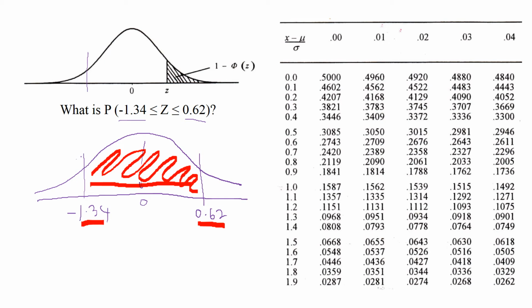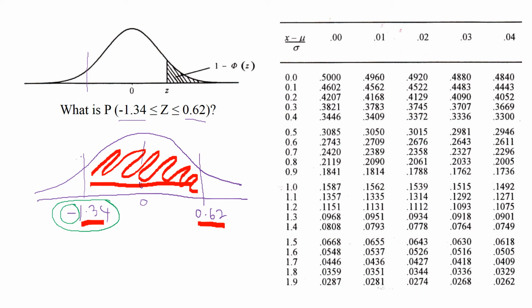Note that when we want to use our table, they always give you a positive number. So how do you find a value of z if you have a negative value like negative 1.34? Let's work on the probability of negative 1.34 first.